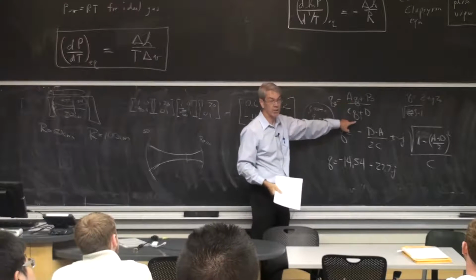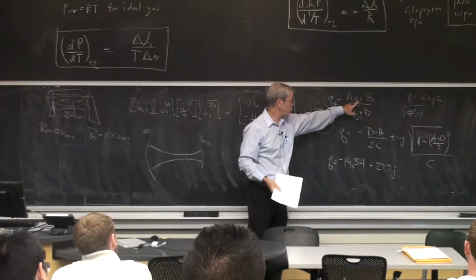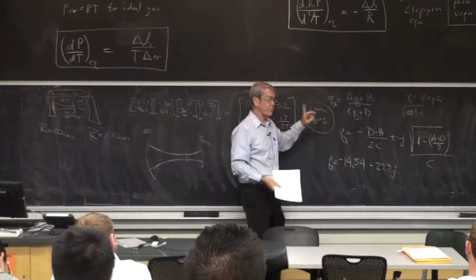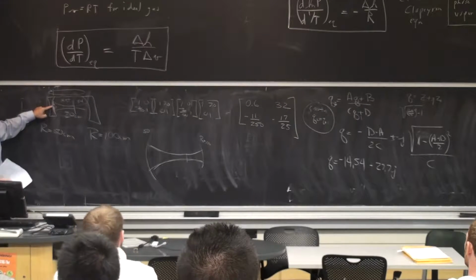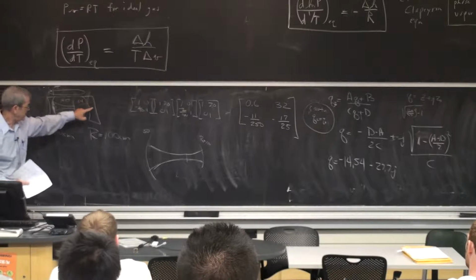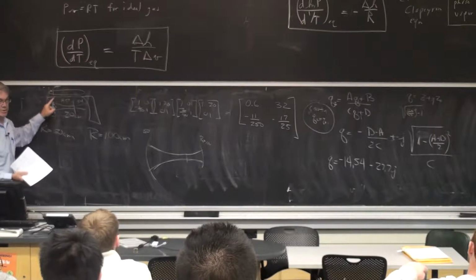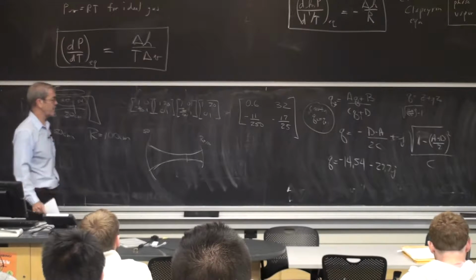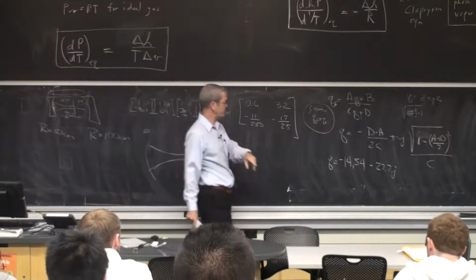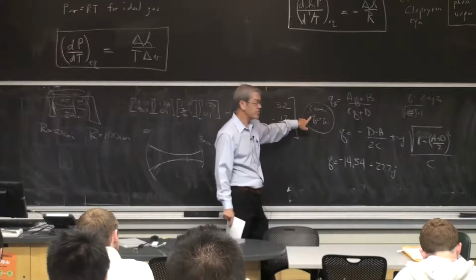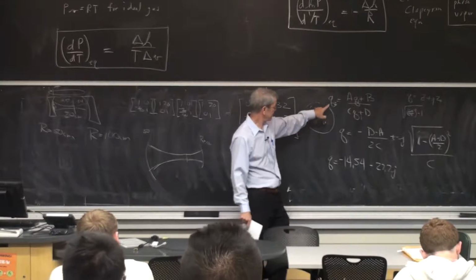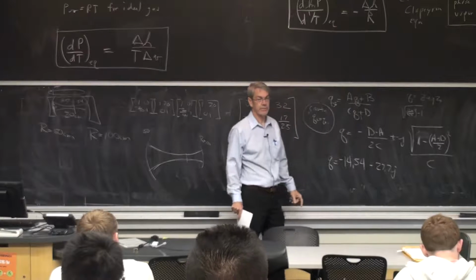This is the ABCD law: I take Q1, it transforms into Q2. But in a cavity, after one round trip, it's got to look exactly like it did before. So that's where the self-consistency situation comes in. I'm sorry, I should have pointed that out. So here's your ABCD law we all know and love. This is the condition we apply to a cavity, and then it's just Q equals Q.